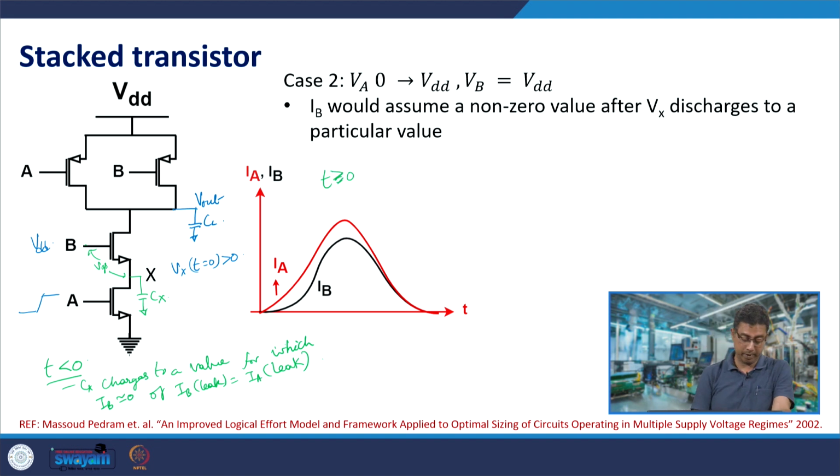Okay. What would happen? Now, this is rising. Once it rises to a certain value, the input of transistor A, because node X is already at a voltage closer to VDD, not exactly VDD, this node X would start getting discharged, and therefore IA rises from time t equal to 0.